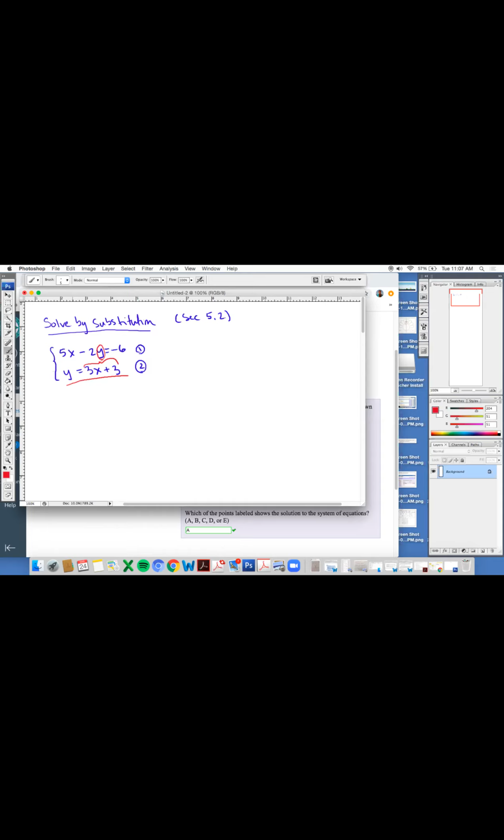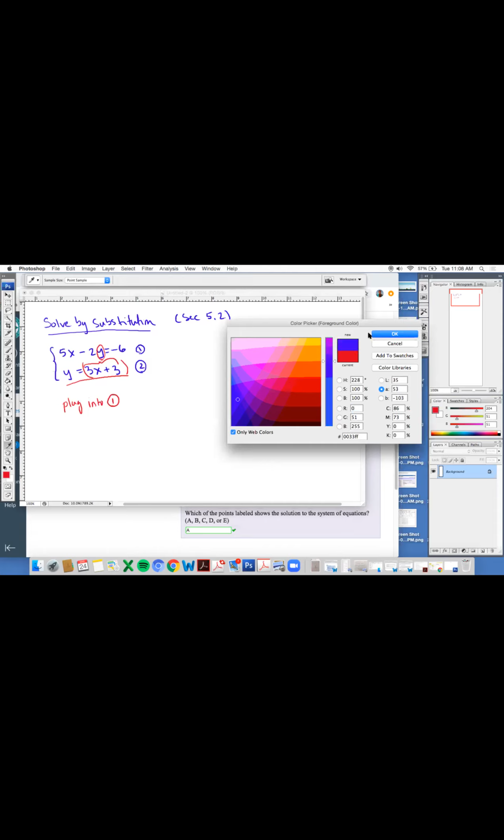So because y equals 3x plus 3, the y here gets replaced by 3x plus 3. And whatever you're replacing, put in parentheses, and that way you make fewer mistakes with distribution and stuff like that. So we're going to plug into the first equation.